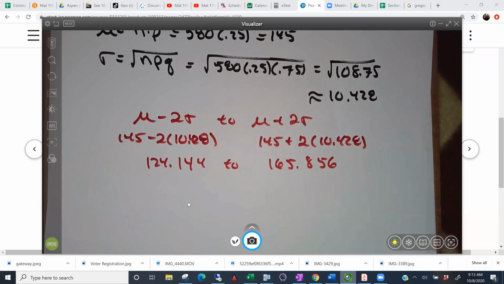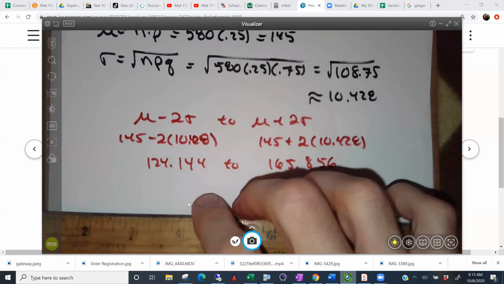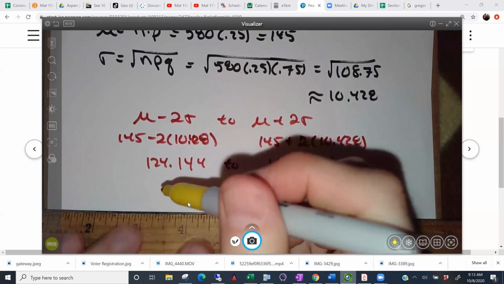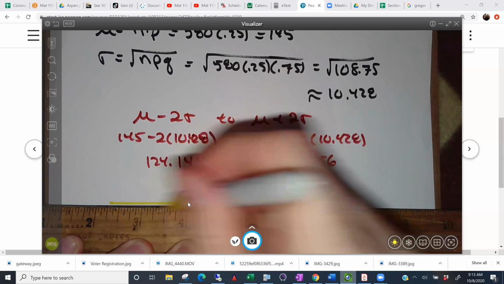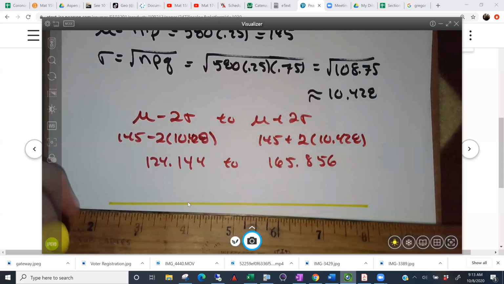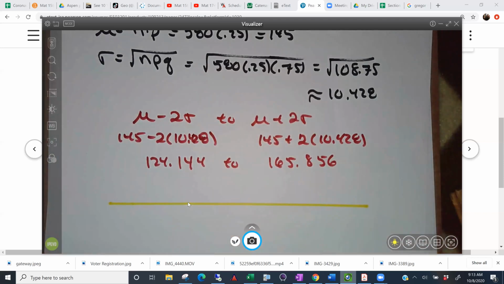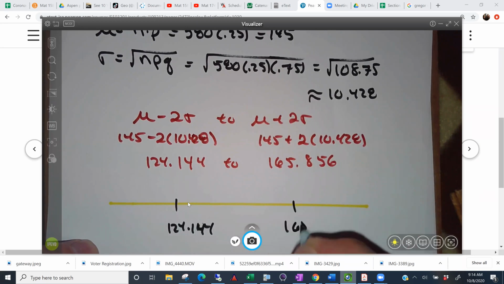All right. Let's understand that from a practical point of view a little bit more. So let's draw that out here. We had 124.144 and then 165.856.